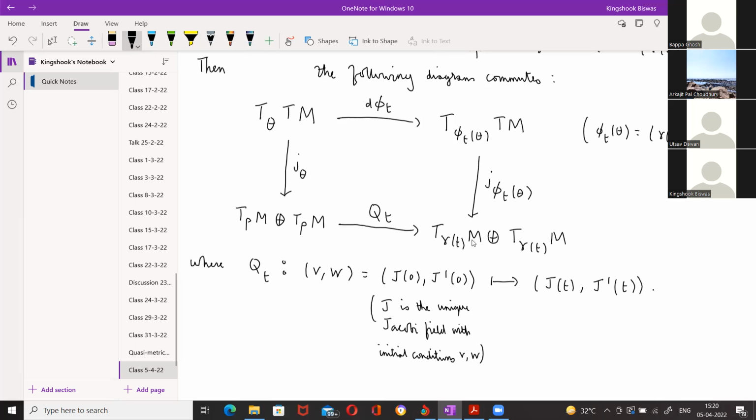It's the inverse of that map, then composed with the map J goes to (J(t), J prime(t)). So this is a linear map. Okay, this is an isomorphism because it's a composition of two isomorphisms. And you can also see it's an isomorphism here because J_theta and J_{phi_t(theta)} are isomorphisms, and phi_t is a diffeomorphism, so d phi_t is an isomorphism. So all of these maps are isomorphisms.